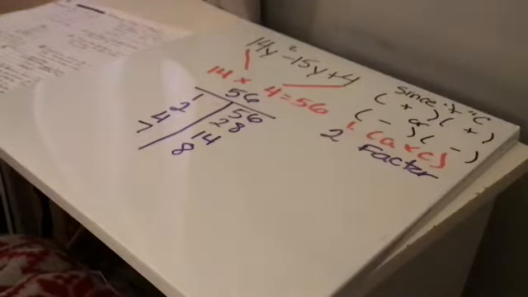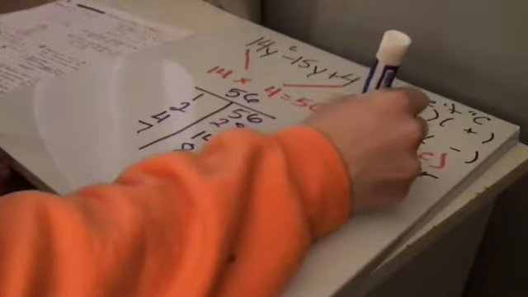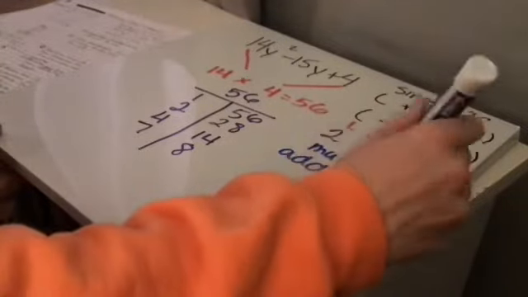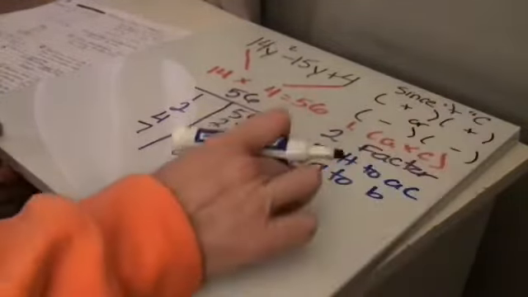Okay, so we're looking for which factors of 56 multiply to 56, but add to negative 15, because that's B. So they want to be multiples of A times C, but they have to add to B. So now we're going to look at these.